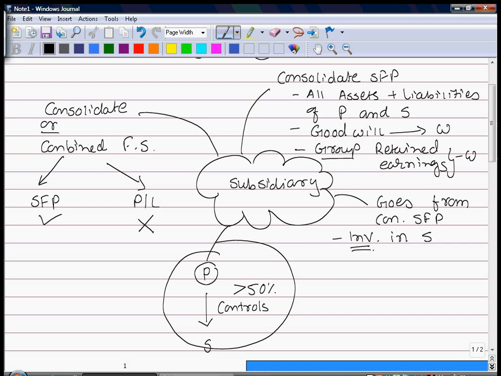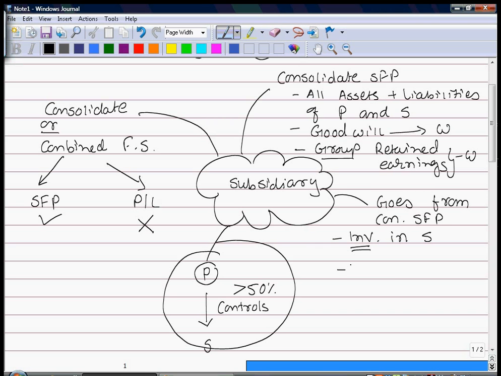So if you keep the investment as well as the items you are receiving from S, you are double counting them, so you should avoid investment in associate. Do not include it in the consolidated SFP. Instead, you are going to bring in all the assets and the liabilities of the subsidiary. In other words, net assets.